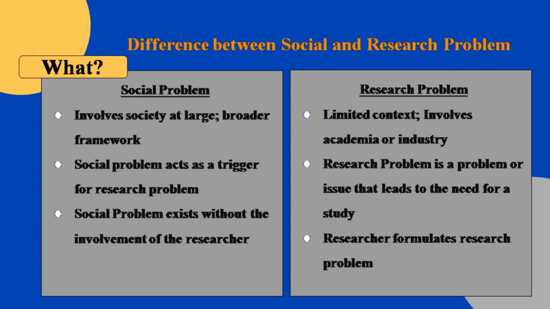In the research part, we are not talking about a social problem. A social problem involves the society at large. It involves a broader framework, and it covers all the dimensions of the society. Government is involved, private institutions are involved, social institutions are involved, individuals are also involved in the process of finding a solution for a social problem.